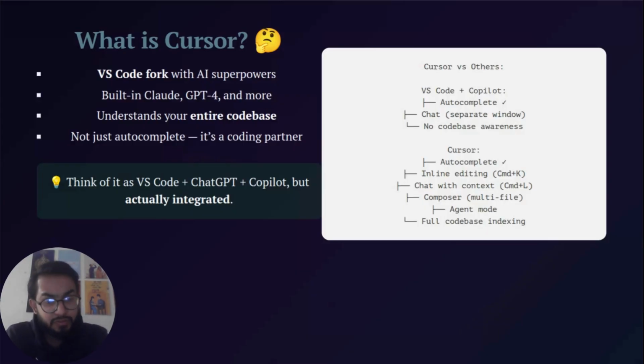You can just use the shortcut Command+L, and you also have multi-file awareness, and you can have agent mode, in which you run your commands, and also full code base indexing, which is pretty amazing.